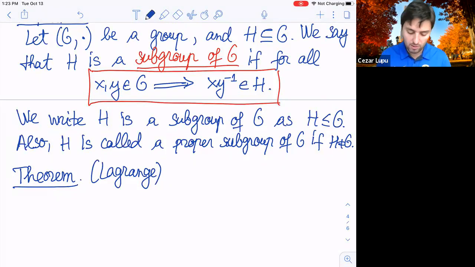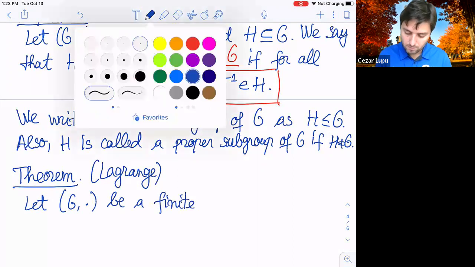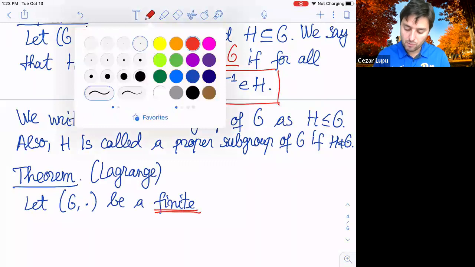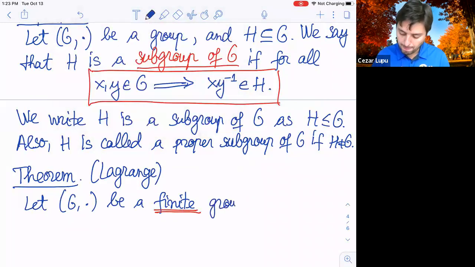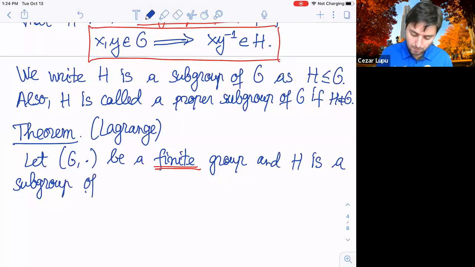So let's write this. So let's consider G endowed with this operation be a finite group. This word finite here is important. And we'll consider H is a subgroup of G. Okay?